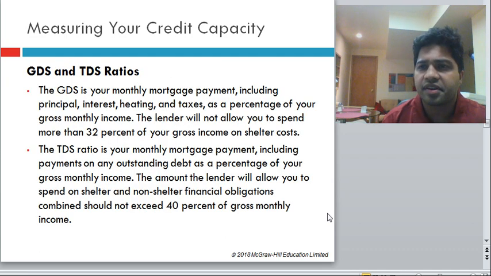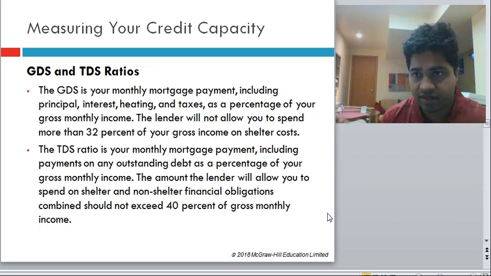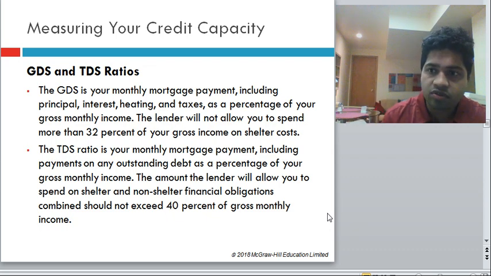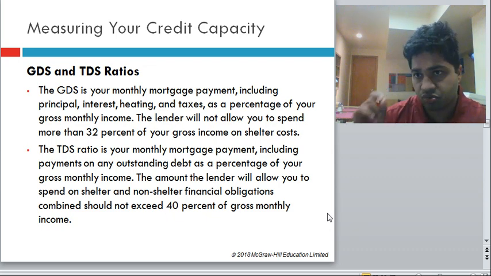These are two extremely important ratios. We'll discuss them again in chapter 7 when we discuss housing. GDS and TDS ratios are used by financial institutions to check how much loan, specifically how much home mortgage, you can take.